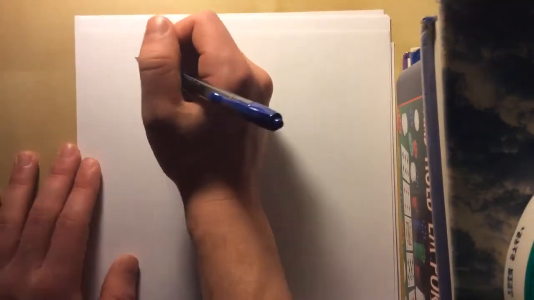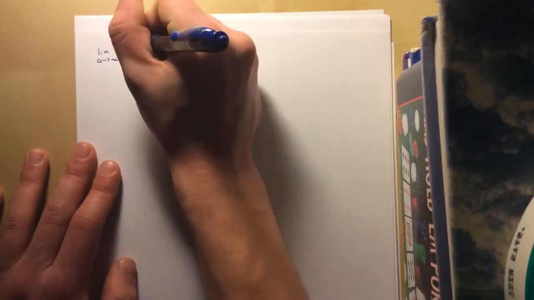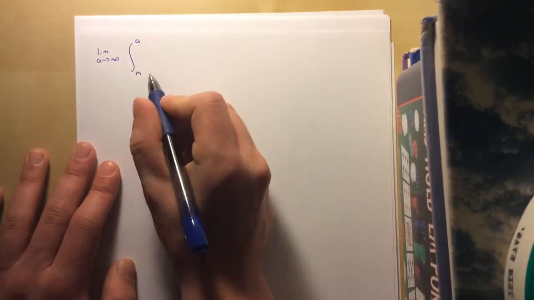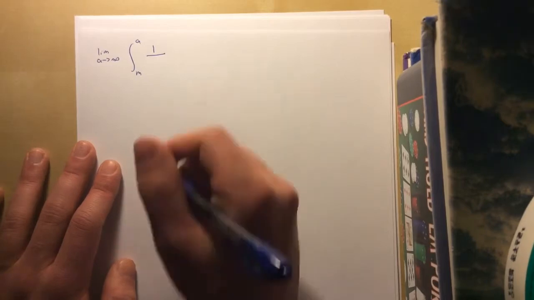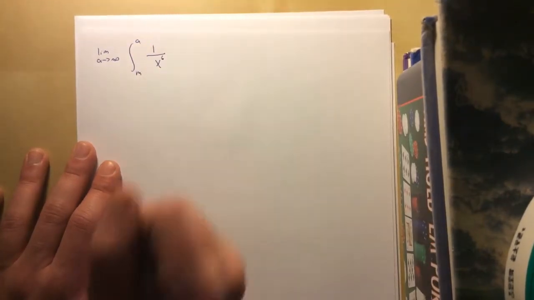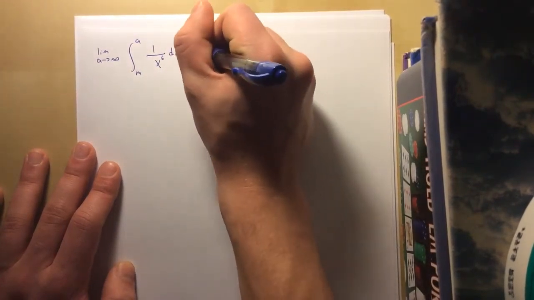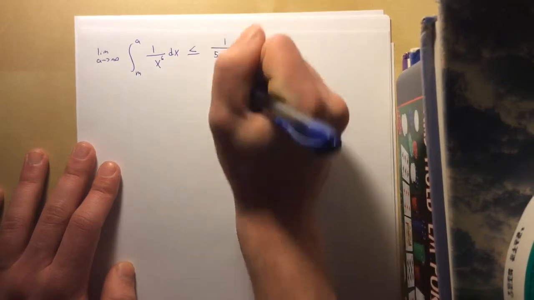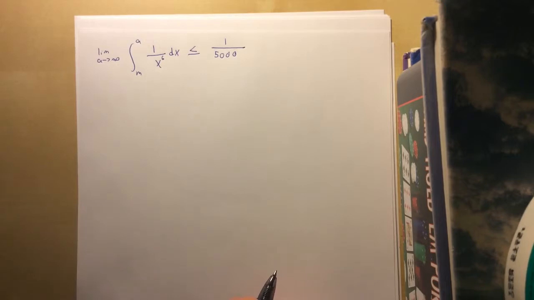Okay. So we're taking the limit as a approaches infinity of the integral from m to a of our new integral, 1 over x to the 6th dx, and we want that to be less than or equal to 1 over 5,000. So now let's integrate that.